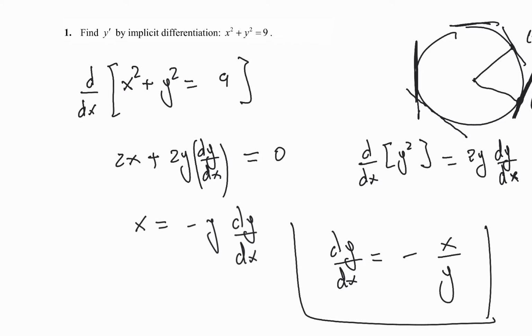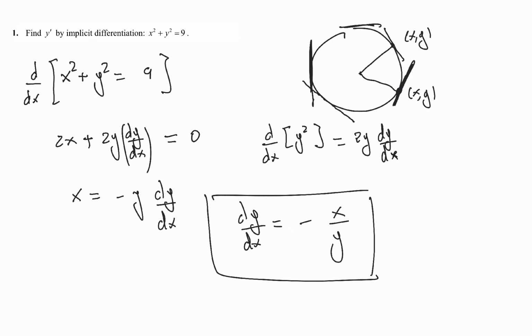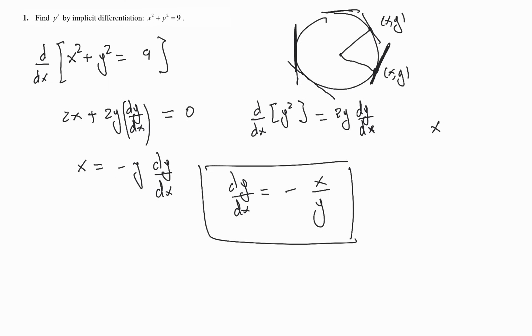What does this mean? It means that on the circle of radius 3, if you go to the point, for example, x equals 1/2, now I need to find the y that is on the circle.